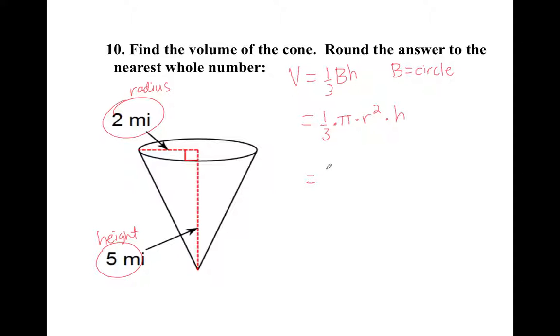And so now I just plug them in. Pi times 2 squared times 5.